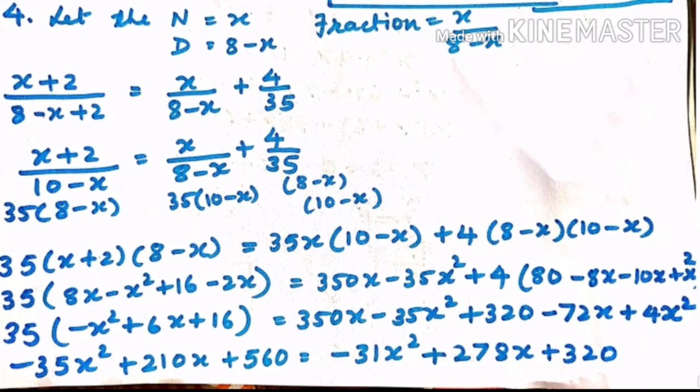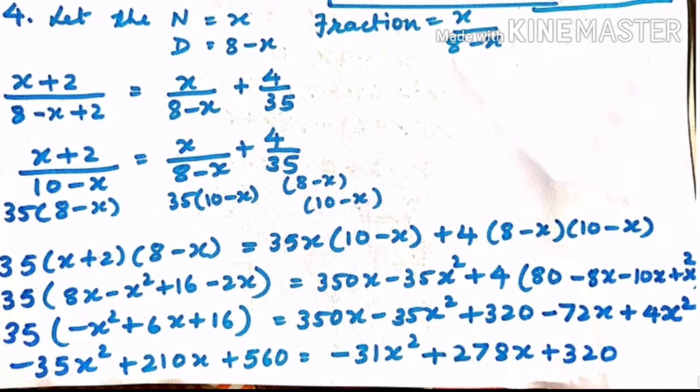You have to solve it very carefully. Okay, now we are multiplying these brackets upside with the numerator. So I wrote 35 x plus 2, 8 minus x is equal to 35 x, 10 minus x plus 4, 8 minus x, 10 minus x. So the denominator we do not write here. Why? Because all together we have taken the LCM.